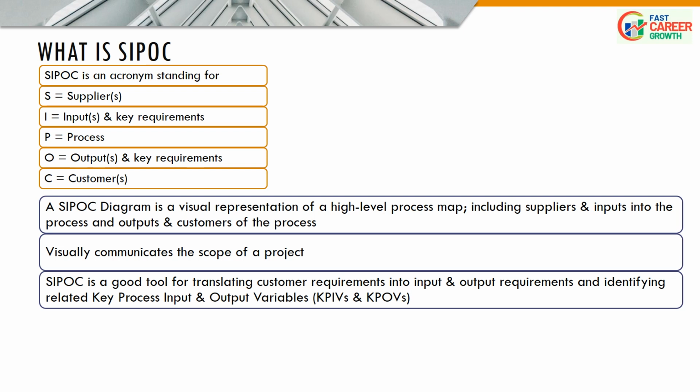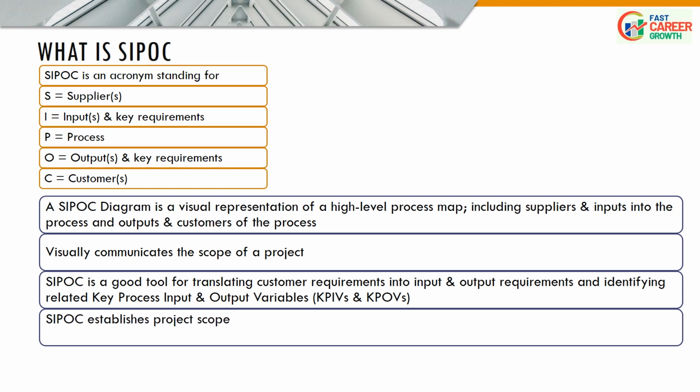SIPOC helps in identifying key process input variables, KPIVs, and key process output variables, KPOVs. This is crucial for process optimization and improvement, as focusing on these key variables can lead to better control and predictability. SIPOC establishes project scope and should be referred back to in later project phases to ensure adherence to scope.